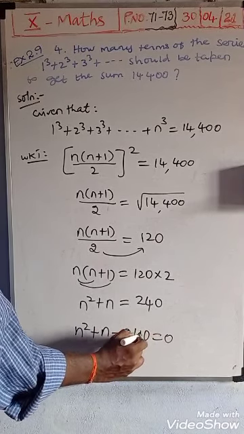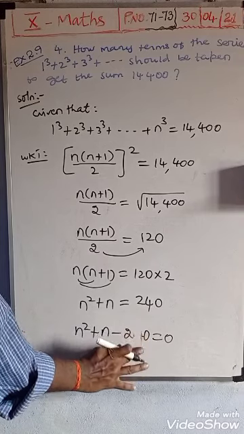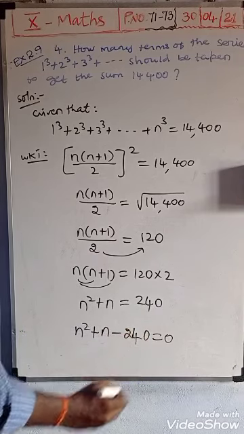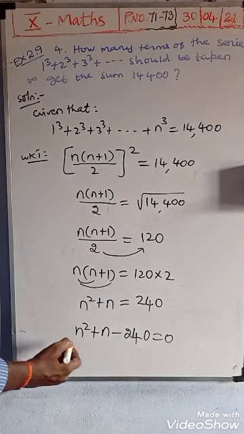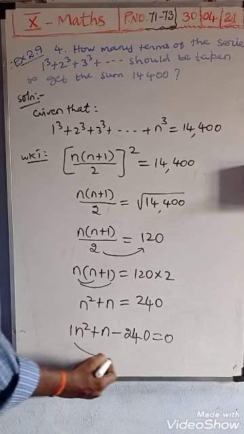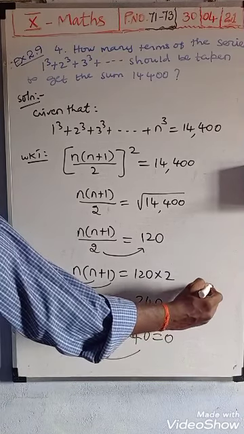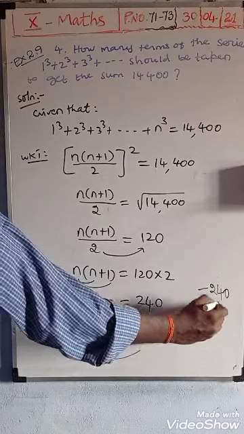What is this actually? This is a quadratic equation, solved by the factorization method. The coefficient of n square is 1, so 1 into minus 240 is minus 240.